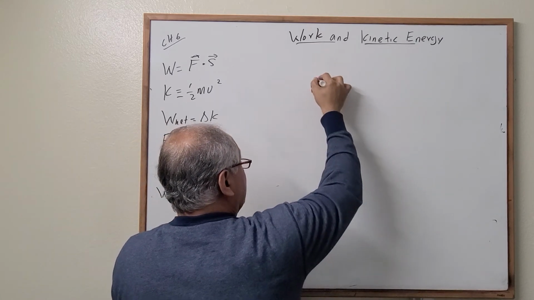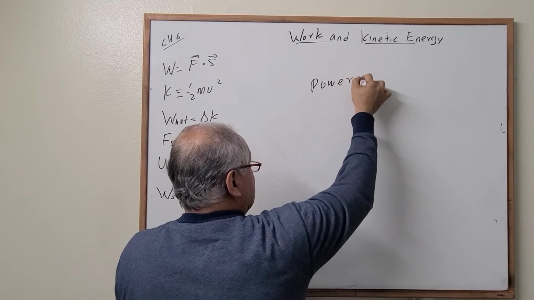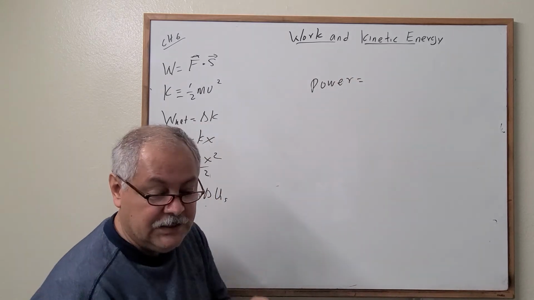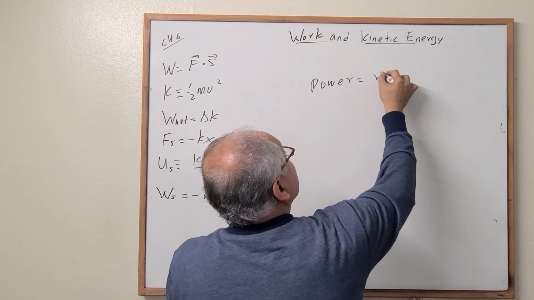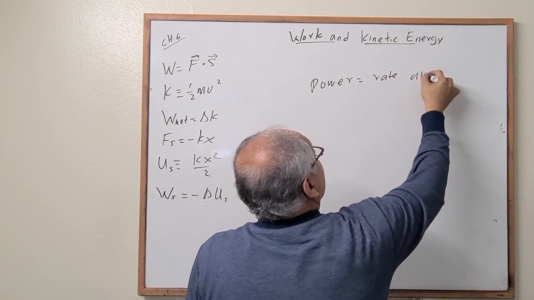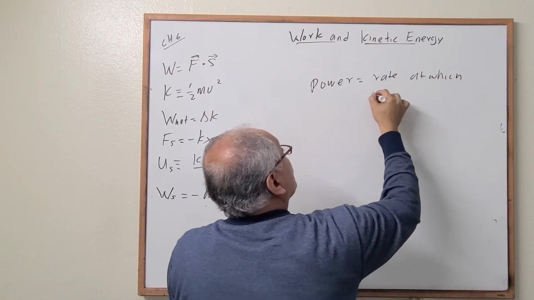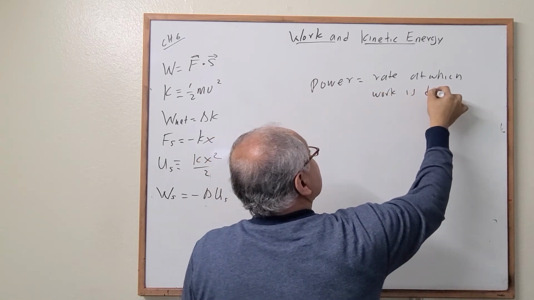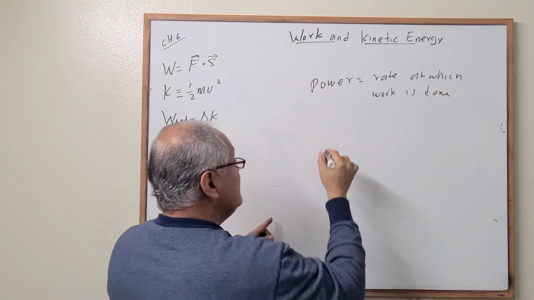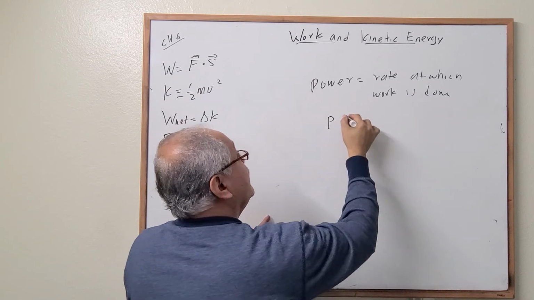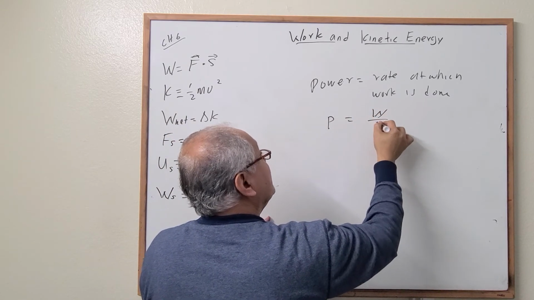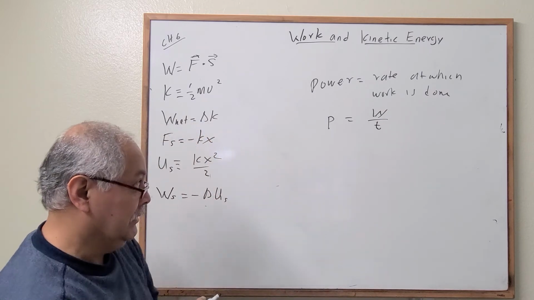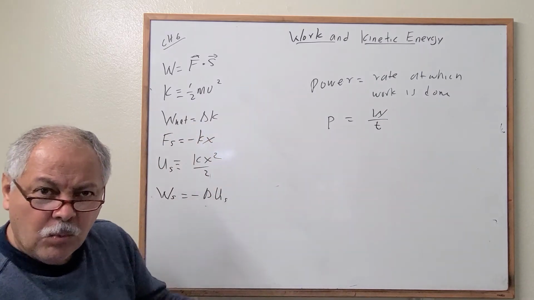Power is defined as the rate at which work is done. The symbol for power is P, which is equal to work divided by time. Correct.